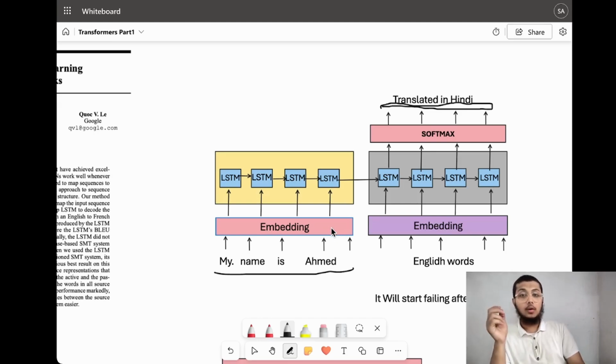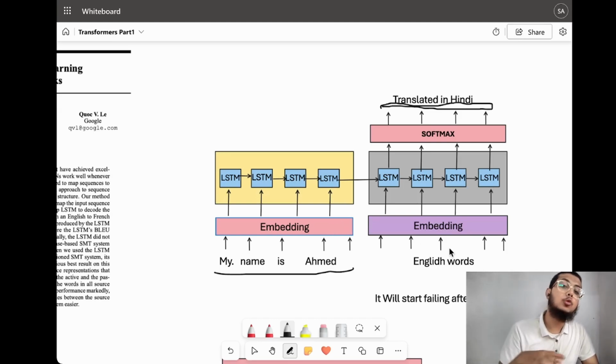On understanding the reason behind this, I understood that the biggest flaw in the architecture is that we try to summarize this entire sentence inside this.